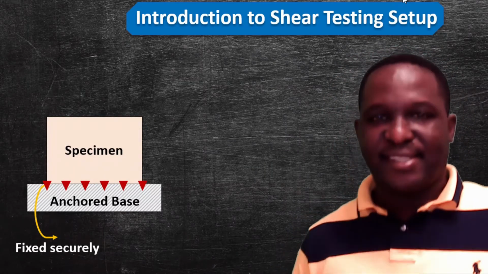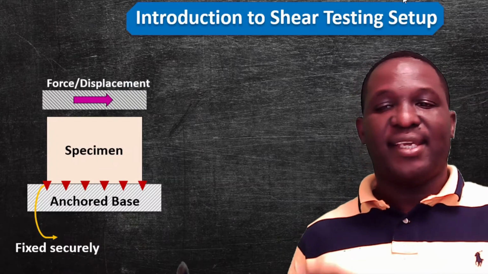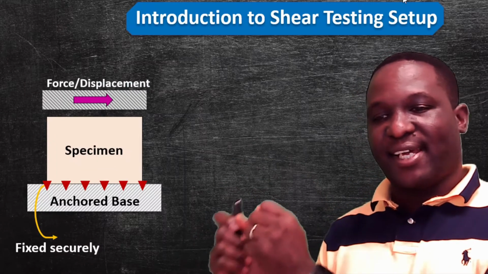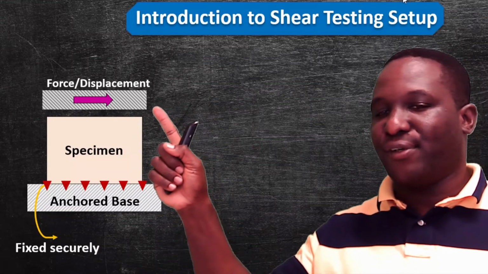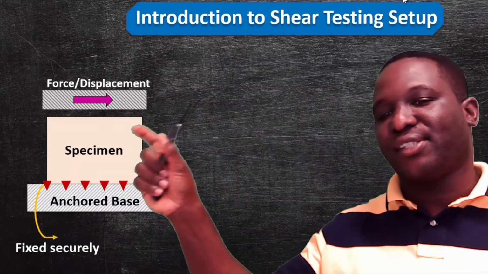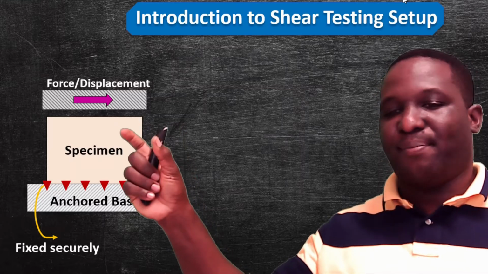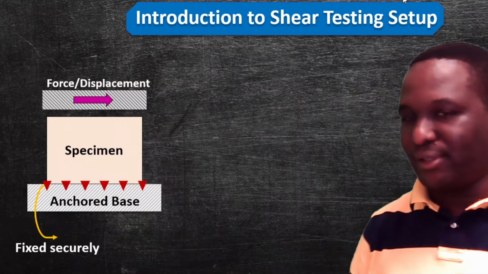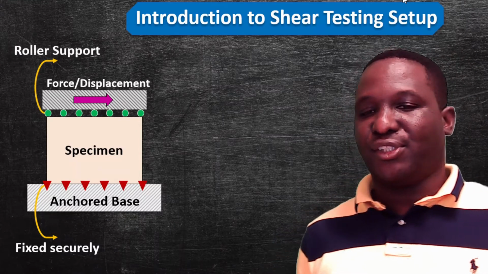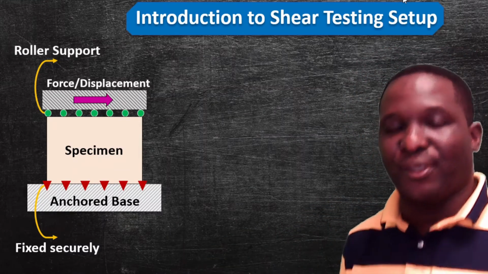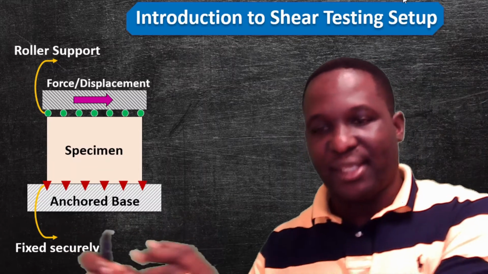The next thing we can notice is that a part of the specimen has to be held and pushed. So what we see here is a force or a displacement applied onto the top part of the specimen, or another part of the specimen, to push it forward. The effective loading or boundary condition for that is some kind of roller support that pushes the domain outward.